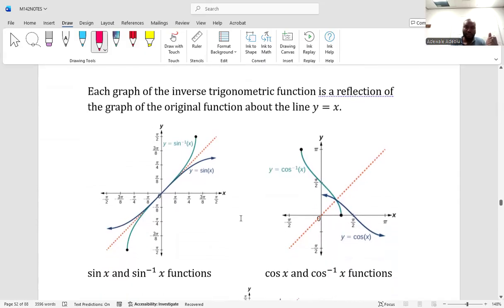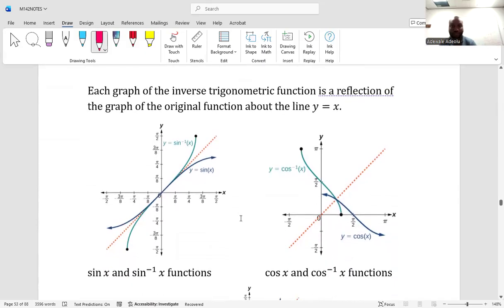All right. Well, let us quickly study this. Each graph of the inverse trig function is a reflection of the graph of the original function about the line y equals x.